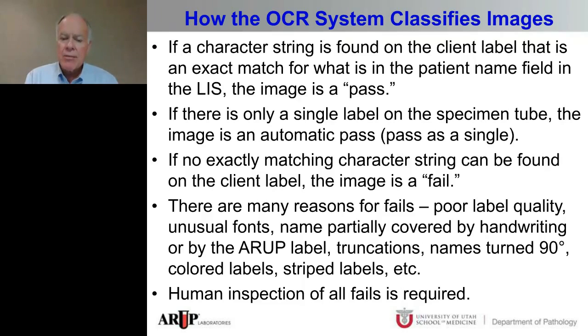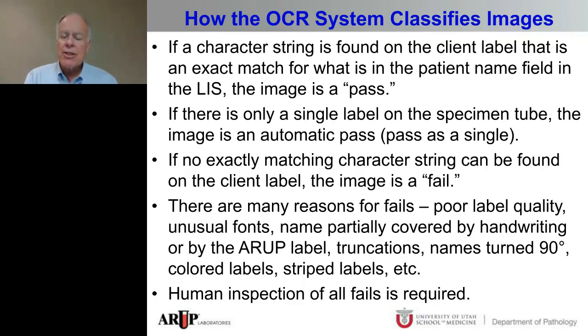And then the system looks on the area outside of the ARUP label, in other words, the customer label, or client label, to see if it can find a matching character string that matches what's in our LIS. So if a character string is found on this client label that is an exact match for what is in the patient name field in our LIS, the image is classified as a pass.